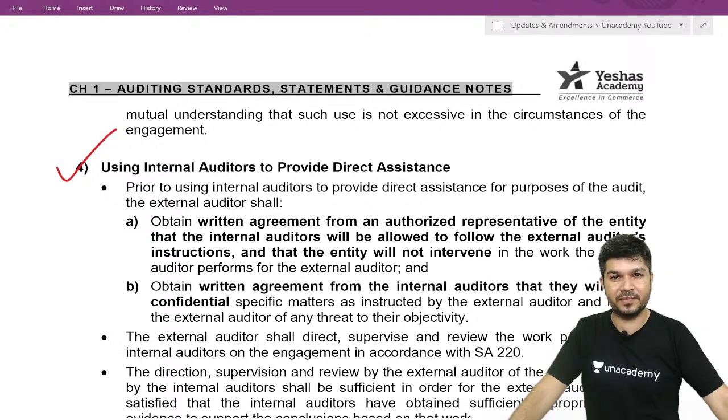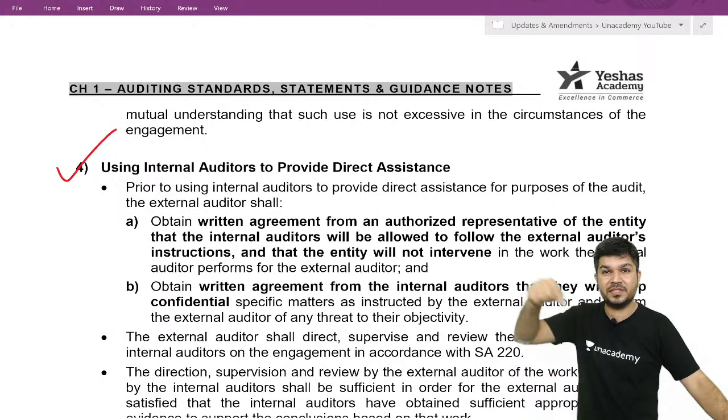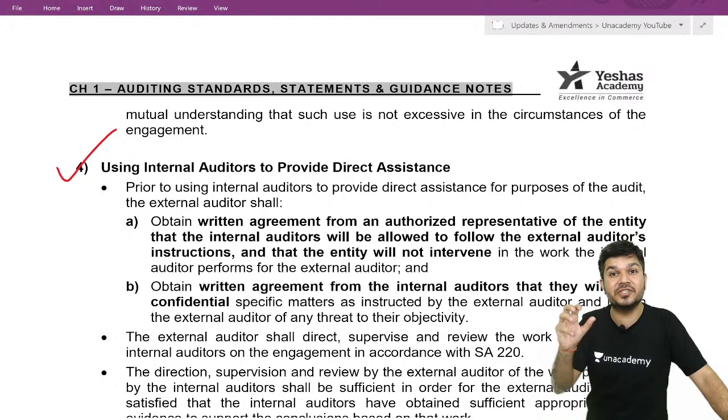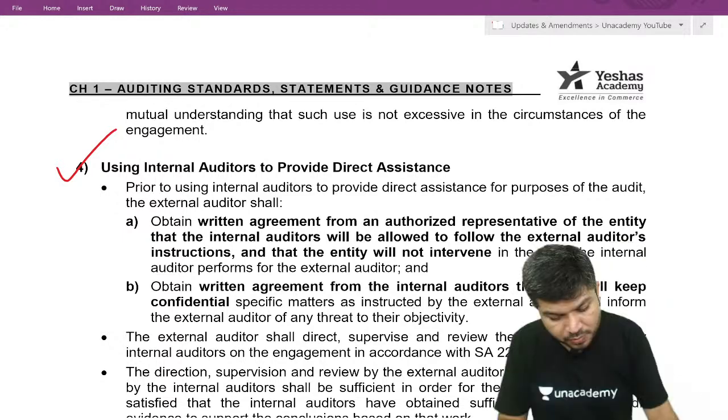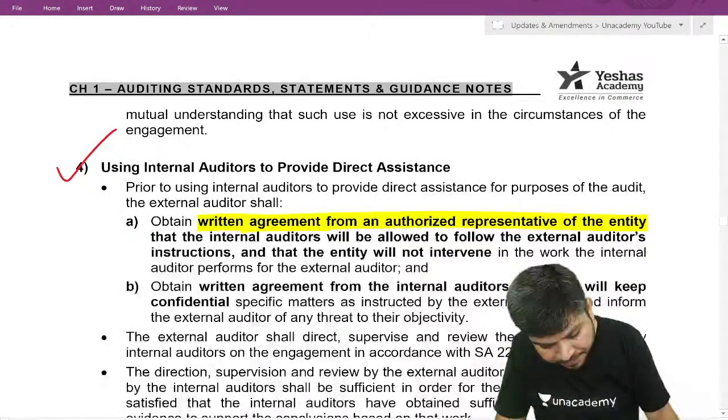Because he is checking not for them, he is checking for me. So should I take a representation from management that they will not interfere? Yes. Should I take a representation from the internal auditor that he will maintain confidentiality? Yes. And I need to direct, supervise, review his work. If I am using him to provide direct assistance, obtain agreement from the management that they will not intervene.